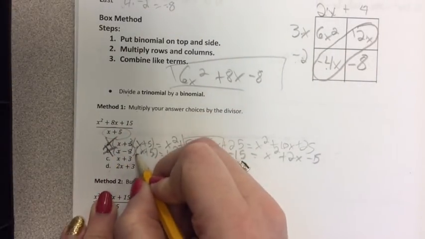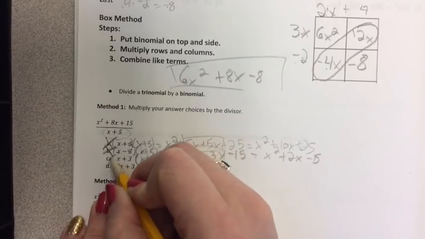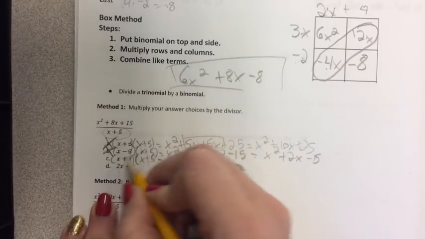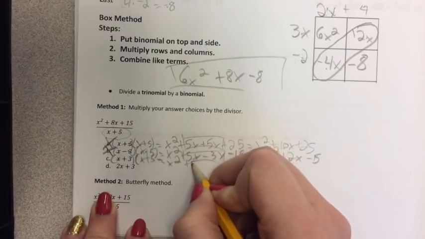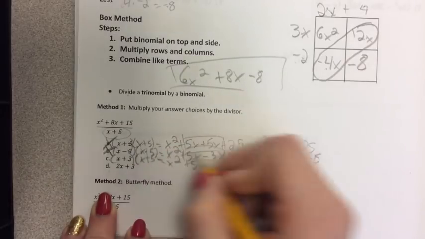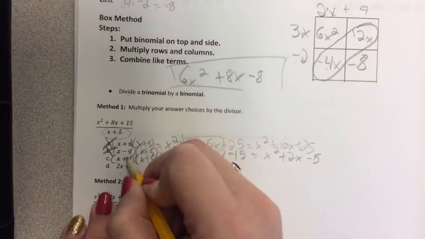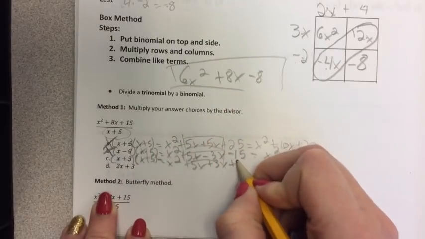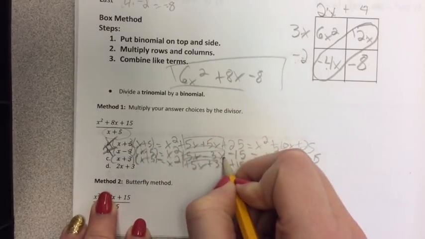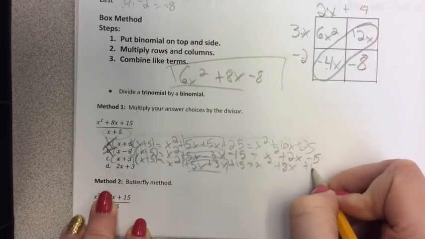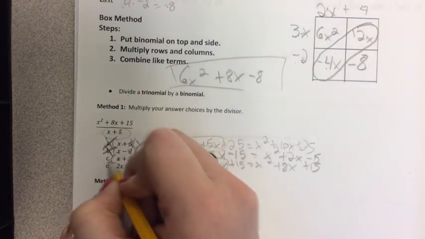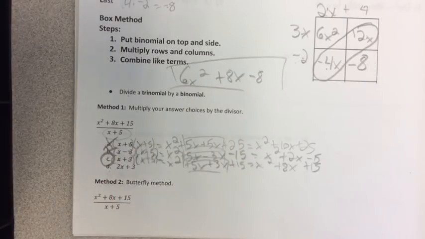So then let's try C. x times x gives me x squared. x times 5 gives me 5x. 3 times x gives me 3x, and 3 times 5 gives me 15. Combine like terms, you get x squared plus 8x plus 15, which does match this, so C is my answer.